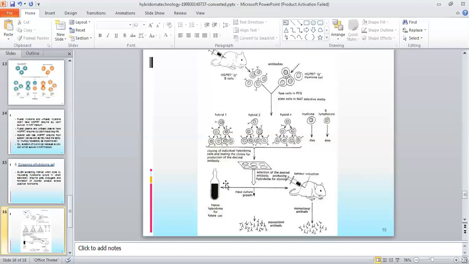In the next step, the hybrid cell is selected by HAT medium; only the hybrid cell survives, and all other cells cannot survive in HAT media. Next is cloning of the hybrid cell to produce copies of monoclonal antibody.